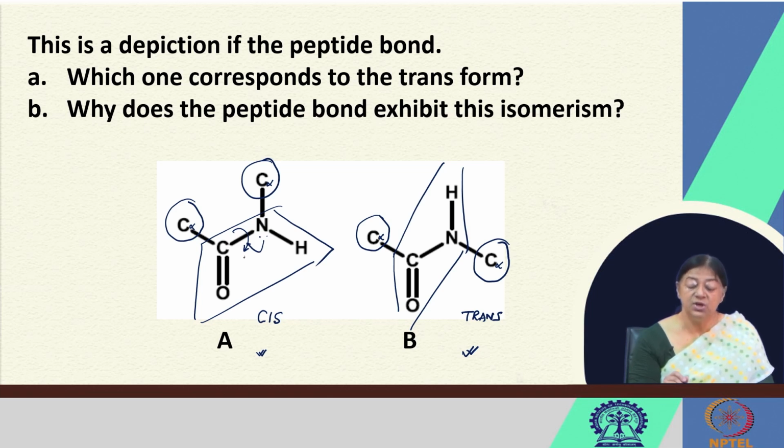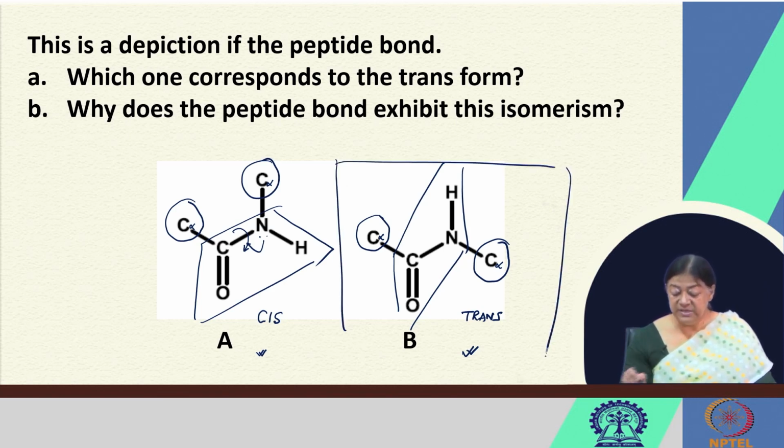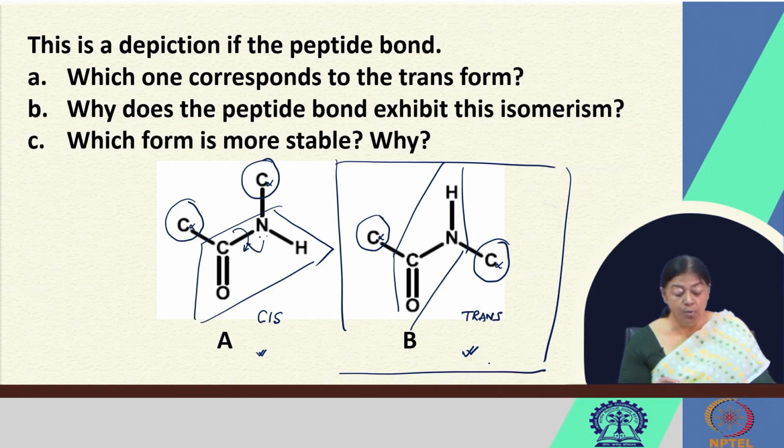But nevertheless, rotation is possible, so the peptide bond can exhibit this cis to trans isomerism, but we know that the trans form is more stable, and why is that?